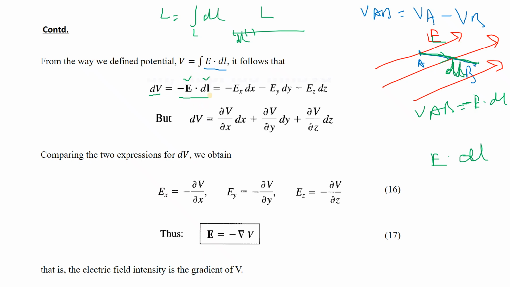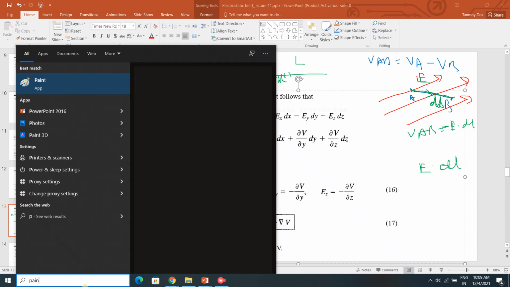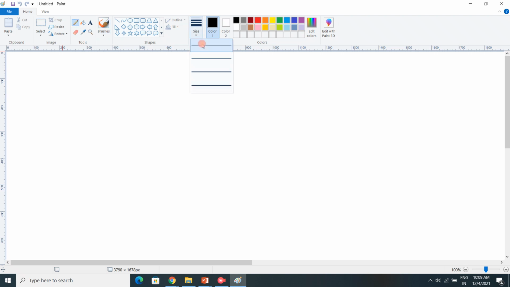Now E is a vector, dl is a vector. So if E is a vector, it will have components Ex. This particular step I'm just mentioning: V is considered to be minus E dot dl.